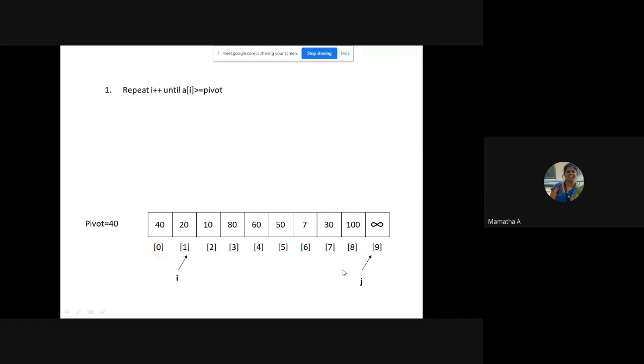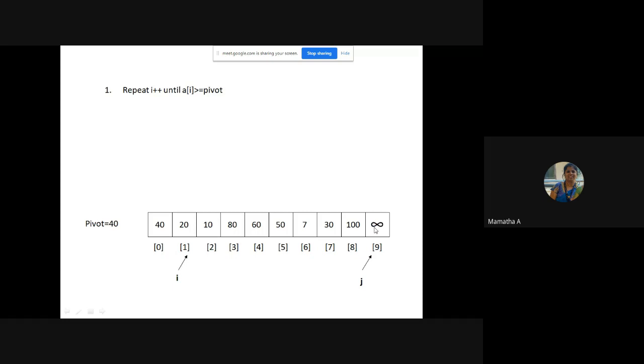Okay. So I'll just run through this because I've already dealt with this. So repeat i plus plus until E of i is greater than or equal to pivot, right? Since I'm using repeat until, it is like do while. I had initialized i to the first element, j to the sentinel value.